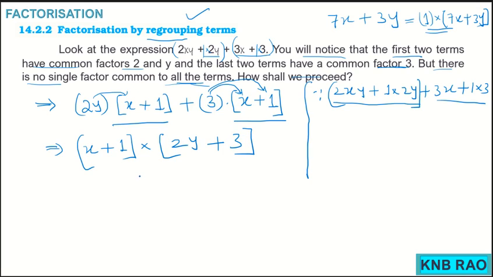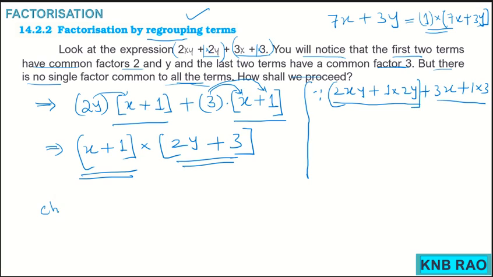So now I got a binomial x plus 1 as one of the factors and another binomial 2y plus 3 as the other factor in this product. Now children, tell me, if I multiply this binomial x plus 1 with the other binomial 2y plus 3, will I get the given algebraic expression or not? Absolutely, I will get it back.